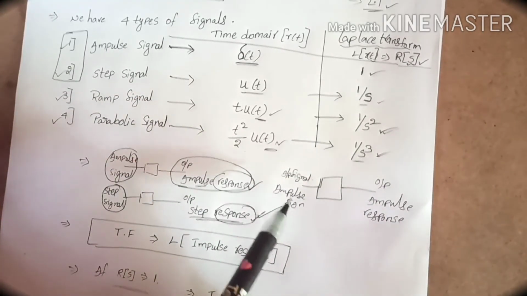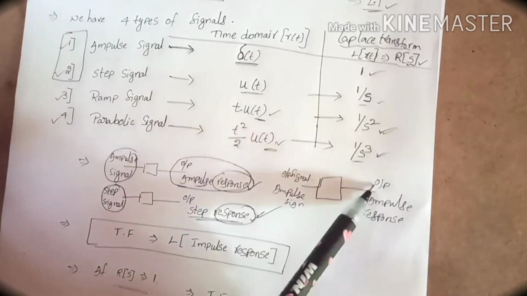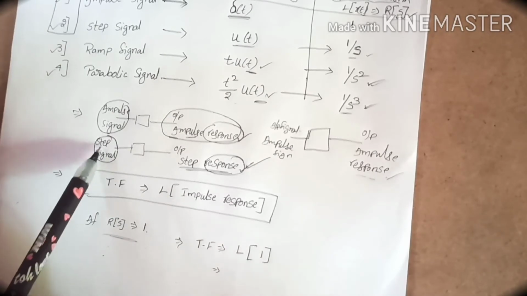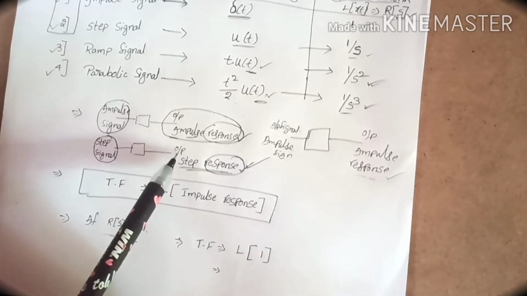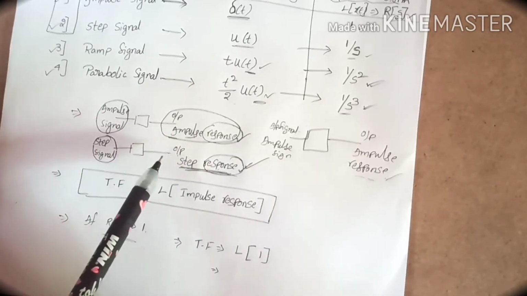Very important. If the input signal is an impulse signal, the output will be the impulse response. If the input signal is a step signal, the output will be the step response. Response means output.